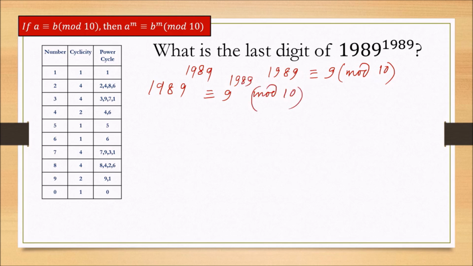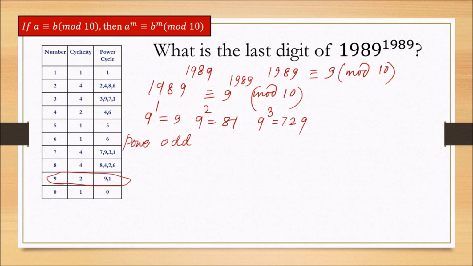Now let us check the 9 cycle. 9 raised to the power 1 is 9. 9 raised to the power 2 ends in 1. 9 to the power 3 ends in 9 again. That means if the power is odd, it ends in 9. If the power is even, it ends in 1.